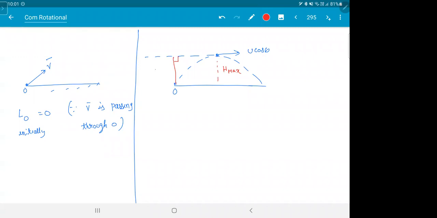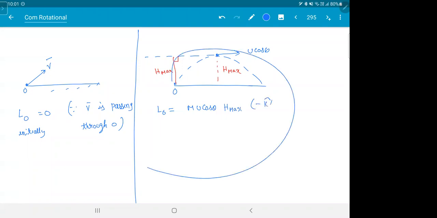The perpendicular distance is H max. Done. So L about O would be M U cos theta H max. Direction would be minus k cap because it would be rotating this way. What is H max? U square sine square theta by 2G.